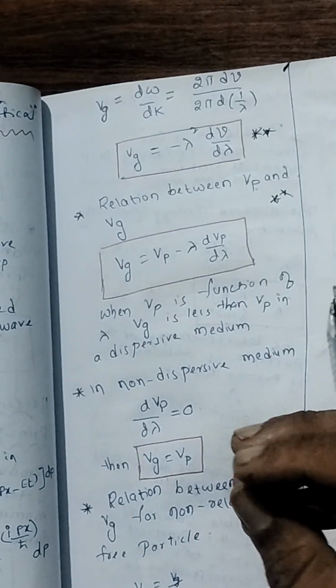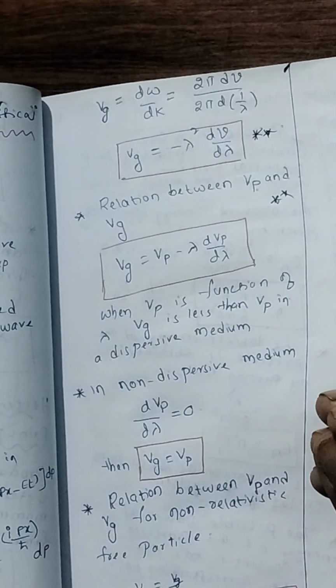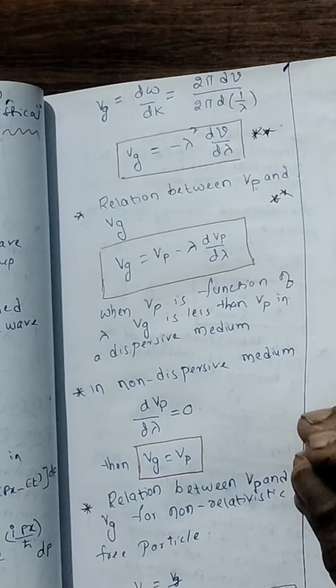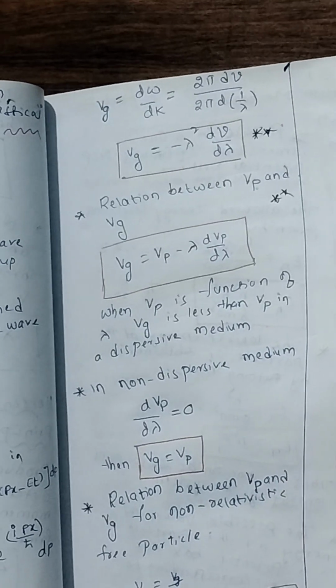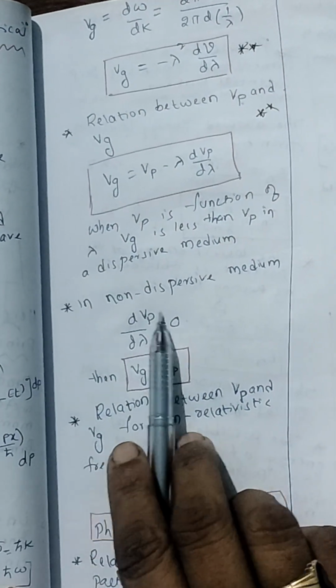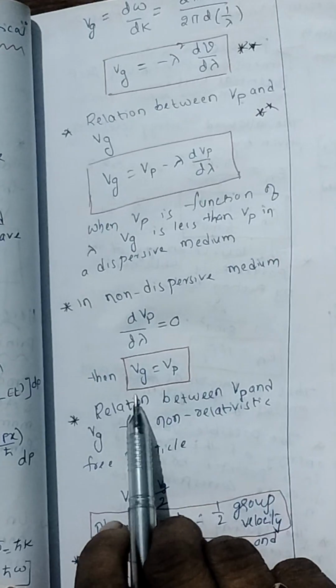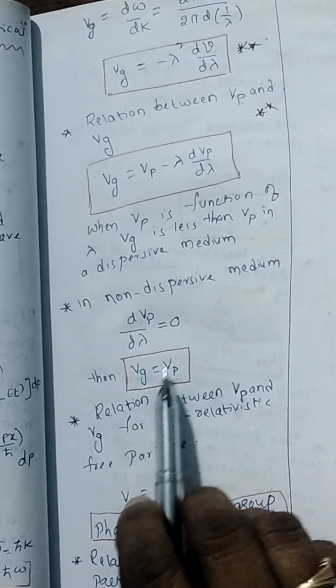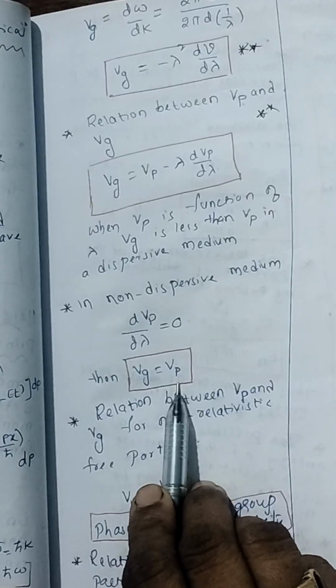A dispersive medium is one where waves travel with different velocities, and a non-dispersive medium is one where the speed of the wave is constant and does not change with frequency or wavelength. In a non-dispersive medium, dVp by d lambda equals 0, so Vg will be equal to Vp. Group velocity is equal to phase velocity.